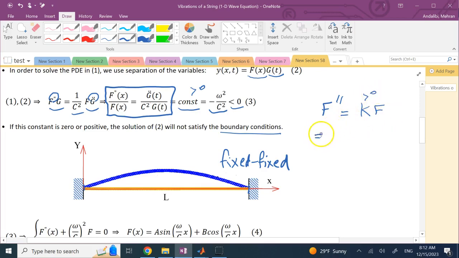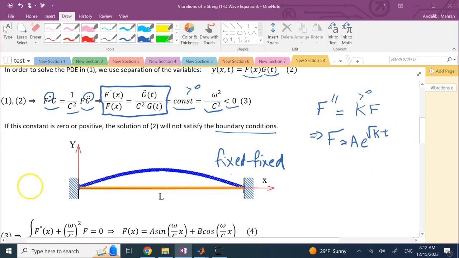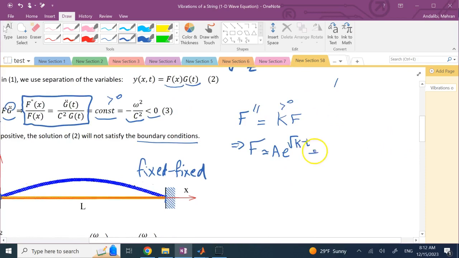The solution to this is clearly an exponential function. So it is like a times e to the square root k times x, not t actually, it's a function of x, plus b times e to the negative square root k times x.